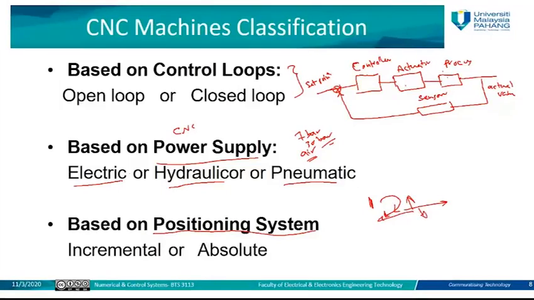So in this case, we have a positioning system for the CNC machine, and based on this positioning system, we have two types. We have the incremental type and we have the absolute type. Later on also we are going to talk in detail about these two types of positioning system of the CNC machine.